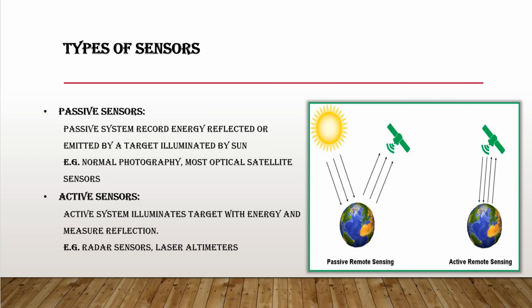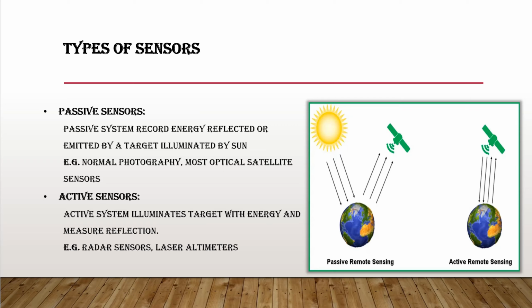In the case of passive remote sensing, the source of energy is naturally available, such as the sun. And in the case of active remote sensing, energy is generated and sent from the remote sensing platform towards the targets. The energy reflected back from the targets is recorded using sensors on board the remote sensing platform.